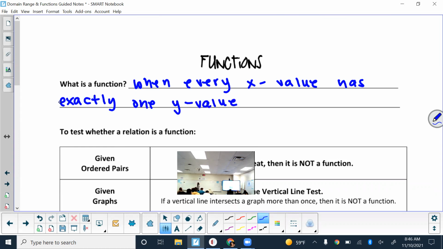That's the formal definition, where every x has only one y. One that I think is easier to remember is just that there are no repeating x's. Because if you see that the x's don't repeat, it's automatically a function.